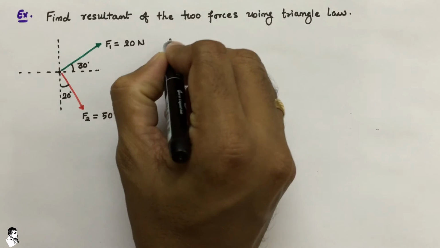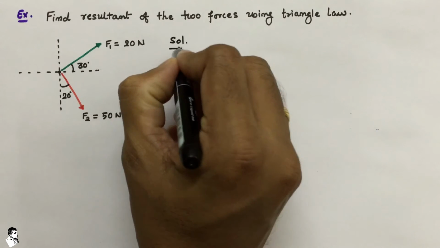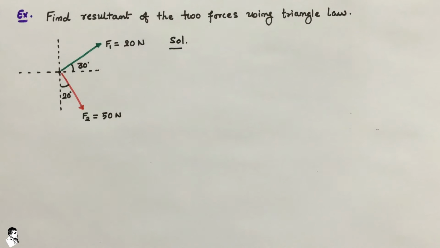Now the question is to find out the resultant of these two forces. So let us try to solve that. For the solution, we solve by some equations, and those equations are basically known as the cosine rule and the sine rule equations.